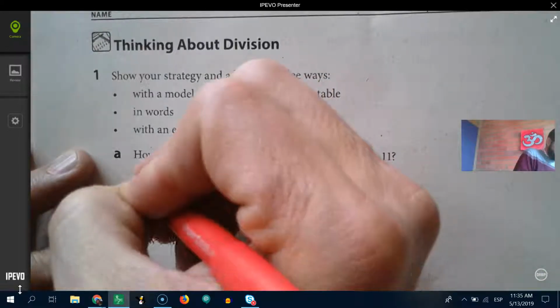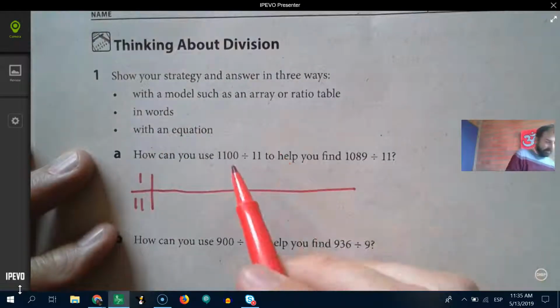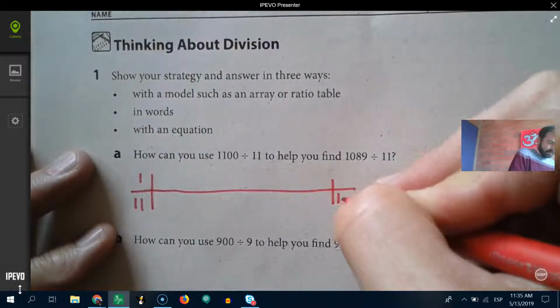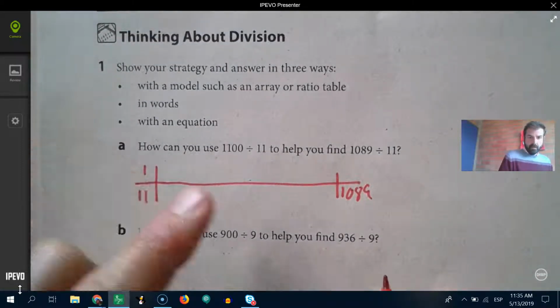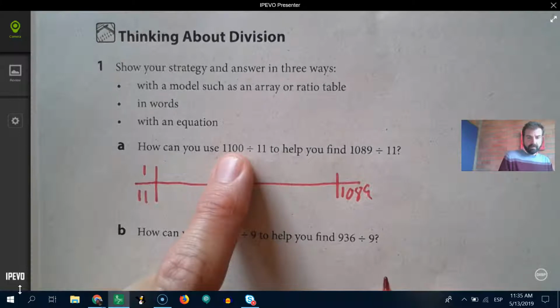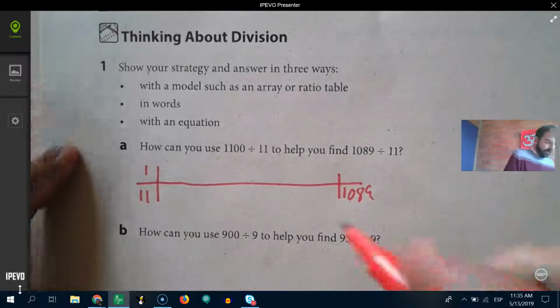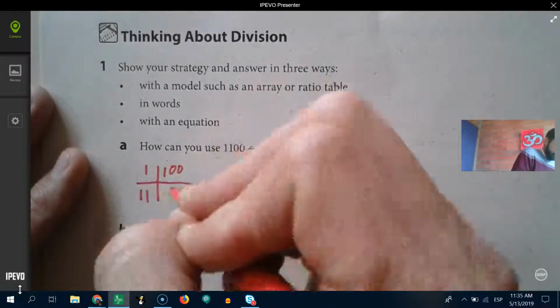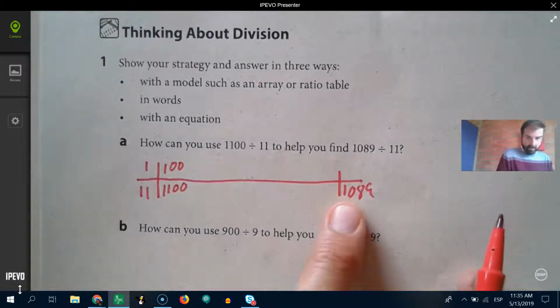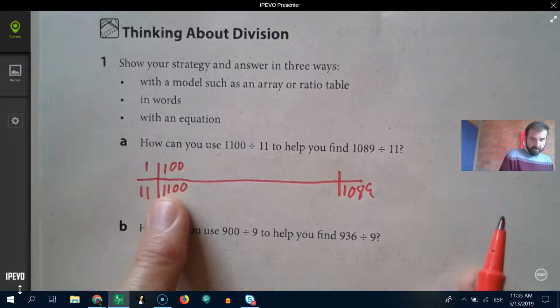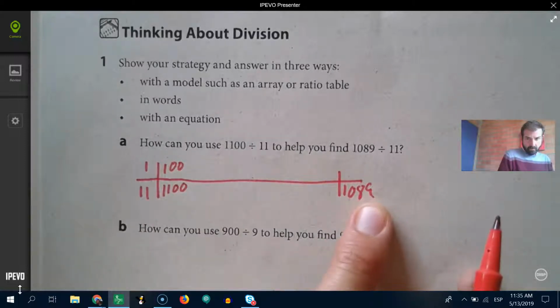Well, here I know that what we're doing is, for every one we have 11, and we're trying to find 1,089, right? Here I can see that clear as day. That's 100. And if I look at 1,089 and 1,100, I know that 1,089 plus 1 is 1,090, and then 10 is 1,100.